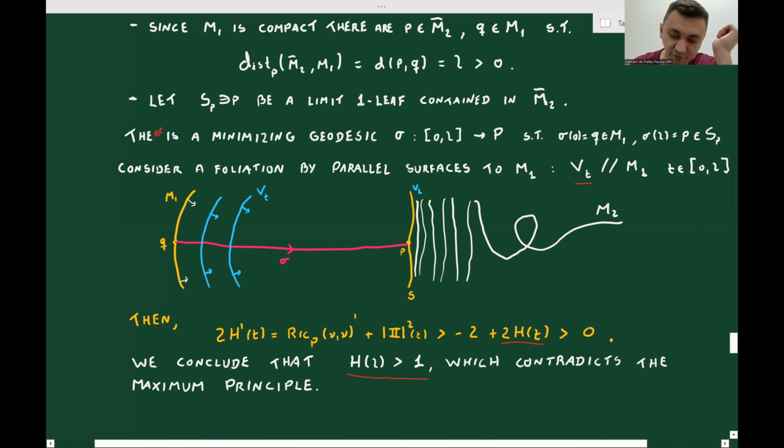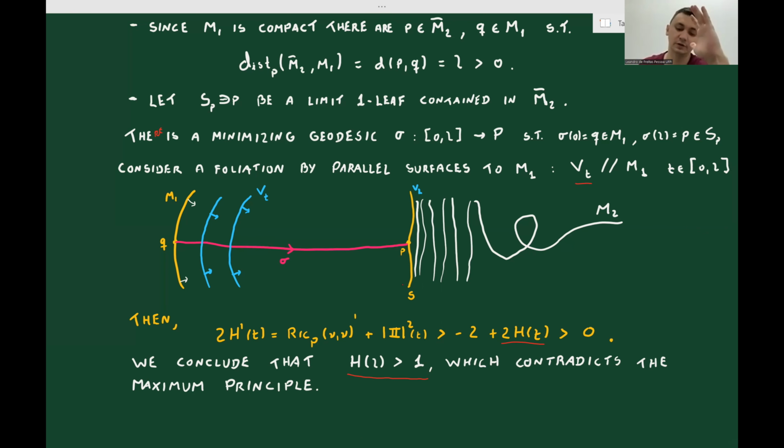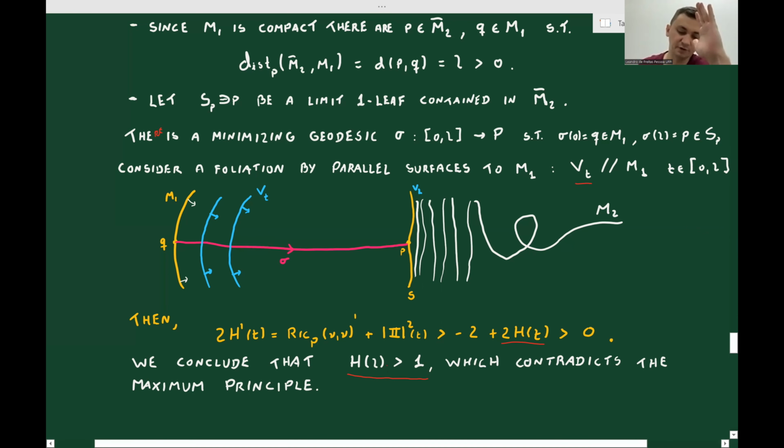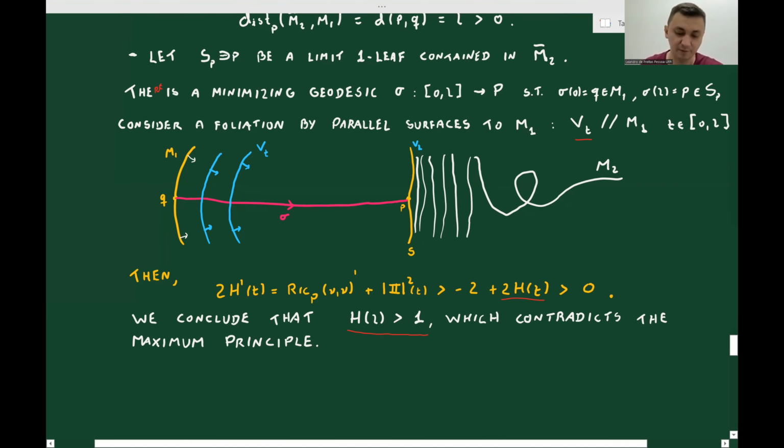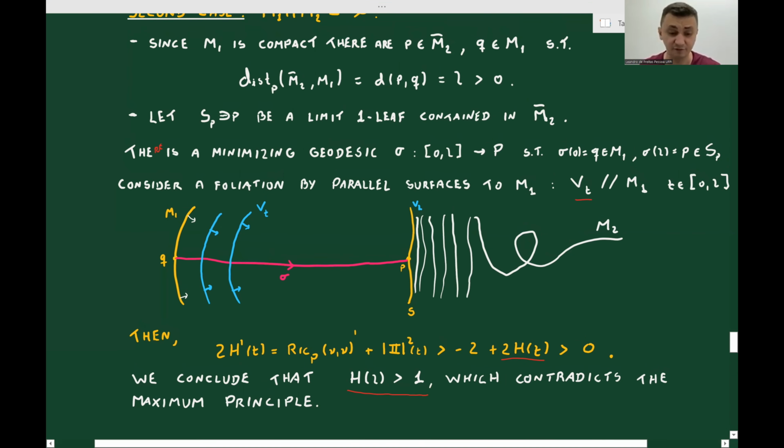So VT arrives here in VL, and SP is inside the mean convex side of VL. So by the maximum principle, the mean curvature of VL must be at most 1. So it contradicts the maximum principle, and again, we cannot have this situation.